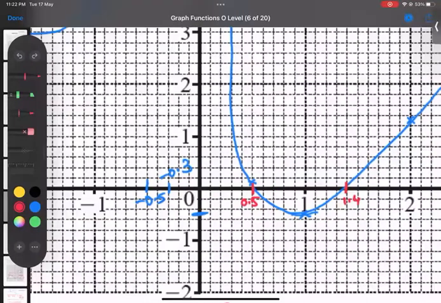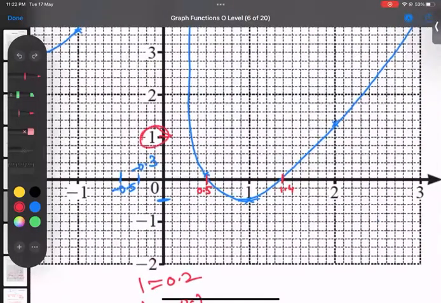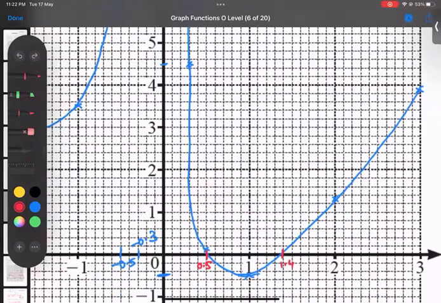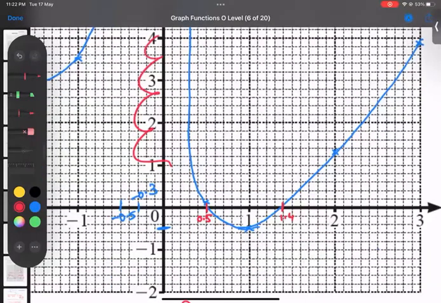Then when it goes to 1, because 1 is a positive integer, if the y line goes through 1, it has two solutions. Why? It cuts the curve at two spots. Similarly, if the line goes through 2, it is also two solutions. Okay, done. If 3, three solutions, 4 through two solutions. But he said give me the smallest number. So 1, 2, 3, 4, many numbers are there.